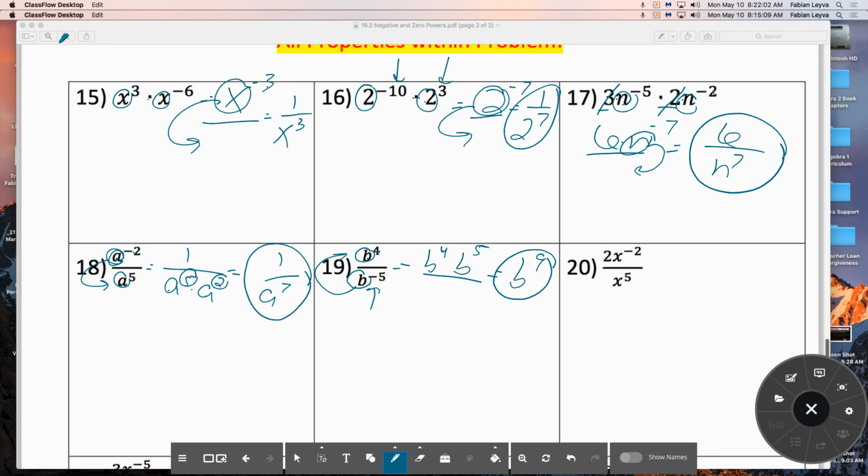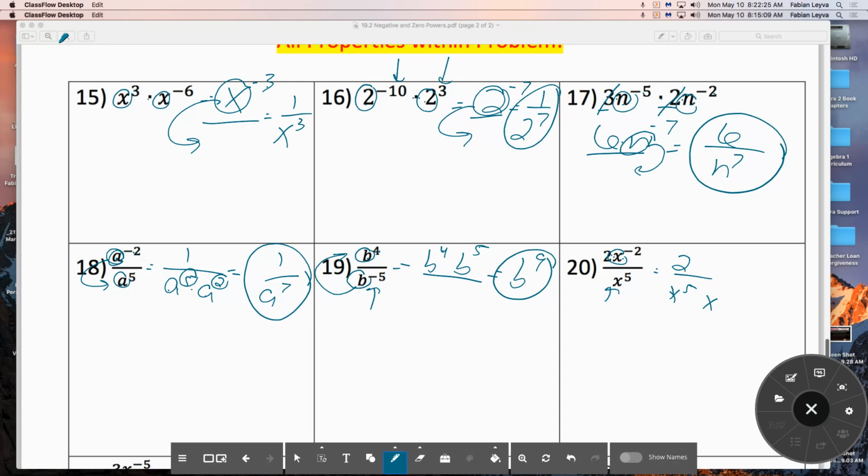Here I notice that I have 2 times x to the negative 2 divided by x to the 5. Now remember, never ever start dealing with division with negative exponents. Get rid of the negative part first. Now this 2 has nothing to do with the x, just like we showed before, so this 2 stays on the top. This base stays exactly where it's at.